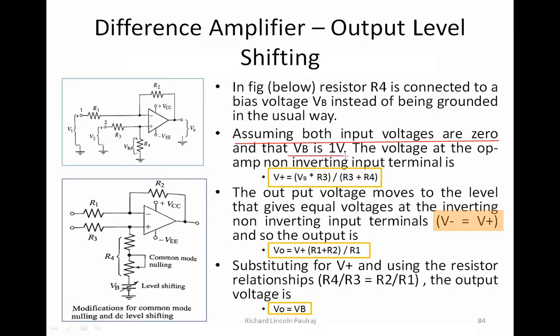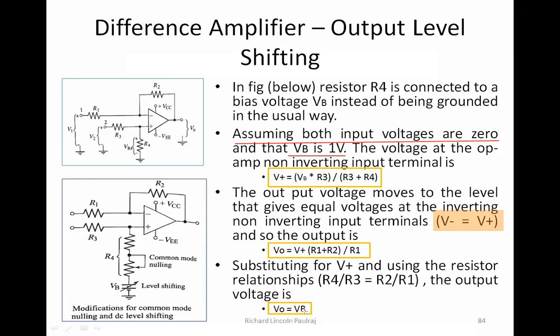And VB is how much? 1 volt. So keep these two conditions in mind: VB is 1 volt and both the input voltages are 0. Since the input voltages are 0, my output is completely dependent on the biasing that I have given here. This biasing is 1 volt, which means my output is also going to be 1 volt.